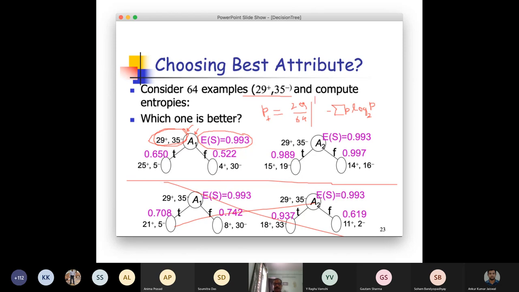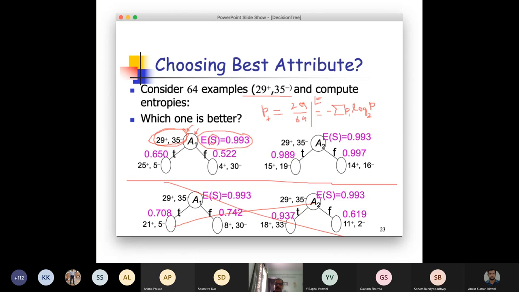If I write E of S, your entropy is this. Why have I written S? Because S is the whole set of your training examples. That's why you see that you are computing 0.993 by doing these things.